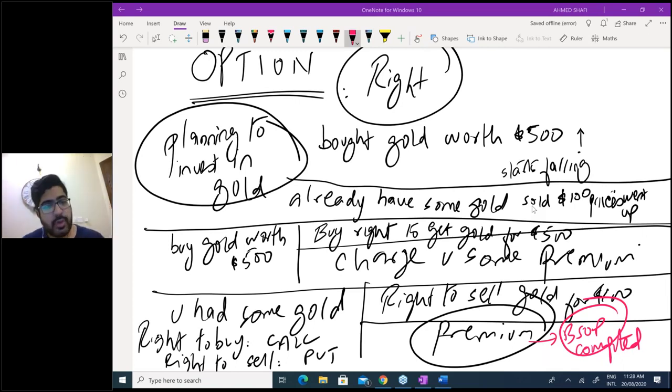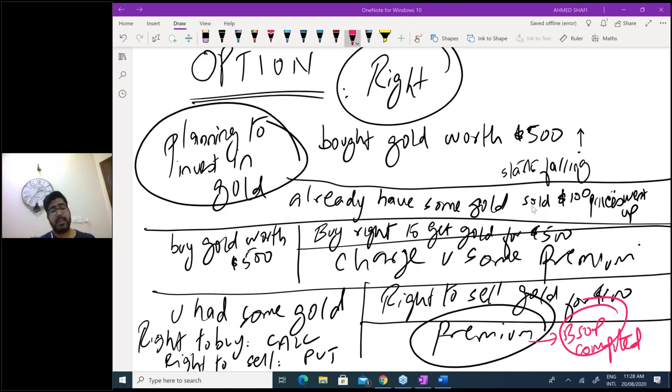So you will exercise your right to get it for 100 and then sell it in the market for 150 and earn gain. But let's suppose you took a right to get gold for $100 and prices became $80. You got the right to buy for 100, not an obligation. Prices fall. If you exercise that right to buy it for 100, prices are lower, you will incur loss, so you leave it. Okay, so if it's in your benefit, you exercise.